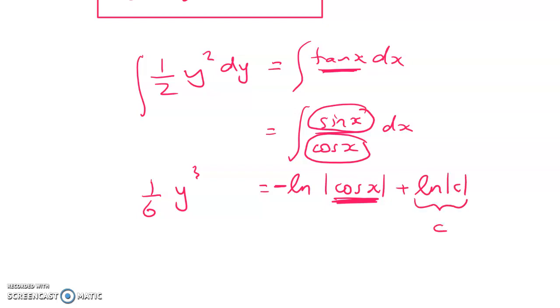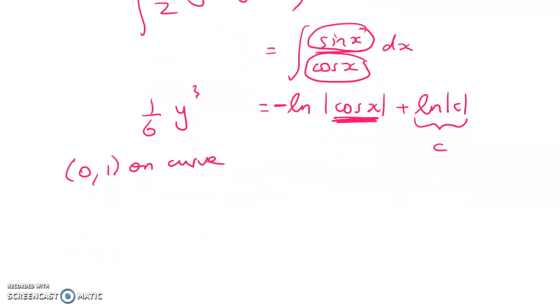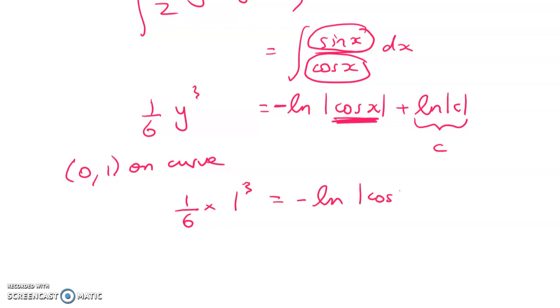So I could write that as just c, but it's going to be easier if I make it into a log form. And I know that (0, 1) is on the curve, so I can sub in now to find the value of log c. So we get 1/6 times 1 cubed is equal to negative log of cos of 0 plus the log of c.